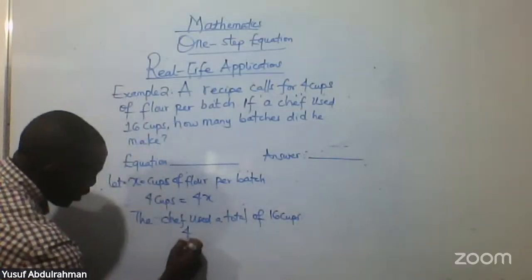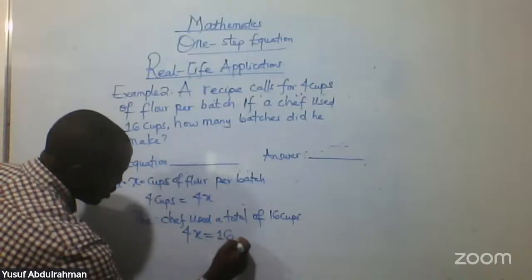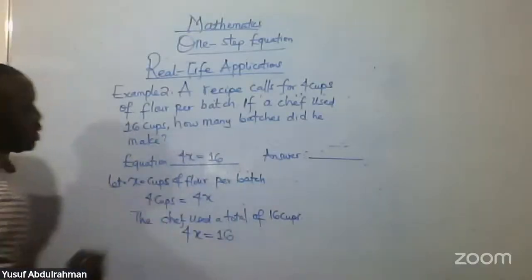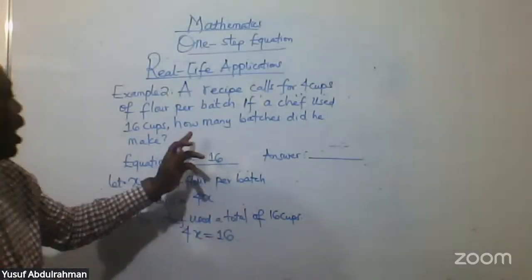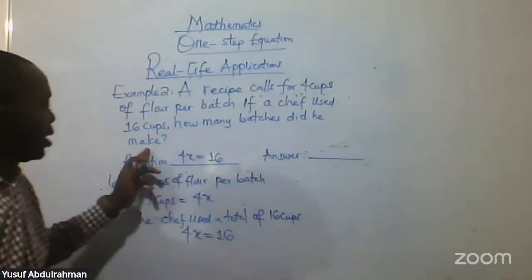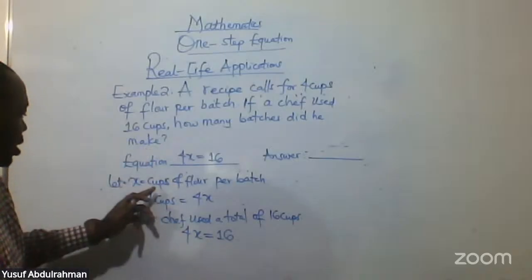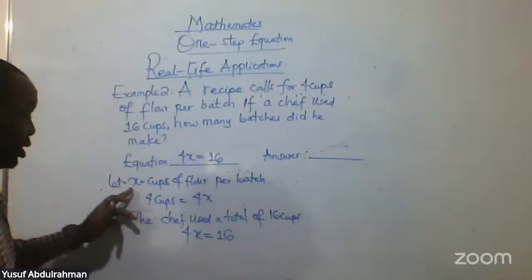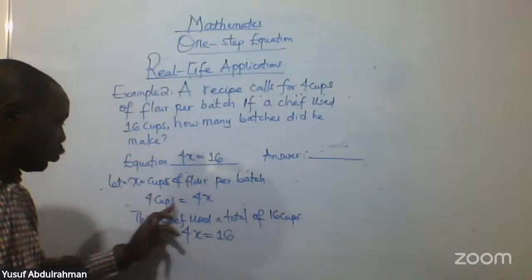So that means we're going to have 4x equals 16. You understand? 4x equals 16. So the equation is 4x equals 16. Now, how many batches did he make? Remember I said the number of cups of flour per batch is x, and 4 cups will be 4 times x.